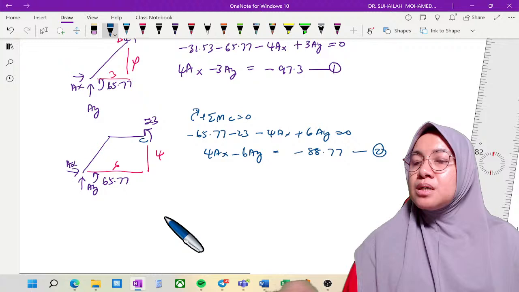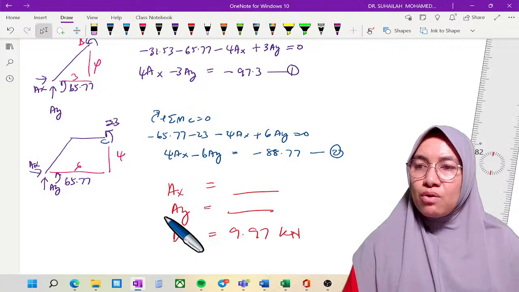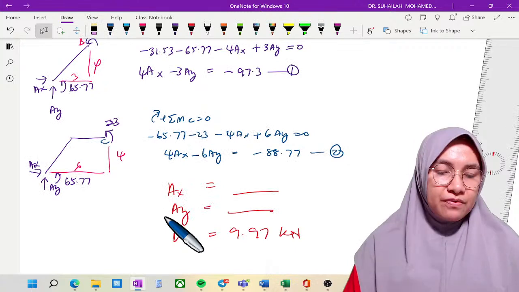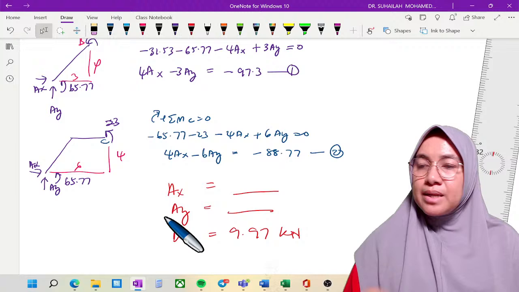Using the equation function in the calculator for two unknowns, we put A1 as 4, negative 3, negative 97.3, and then 4, negative 6, negative 88.77. We get negative 26.46 kilonewton and negative 2.84 kilonewton.